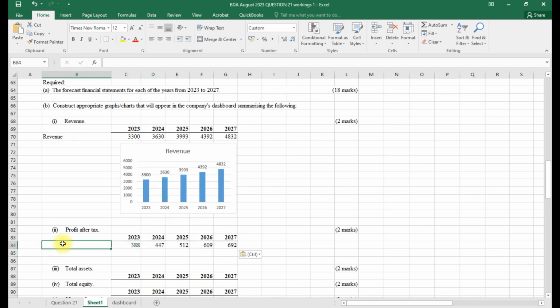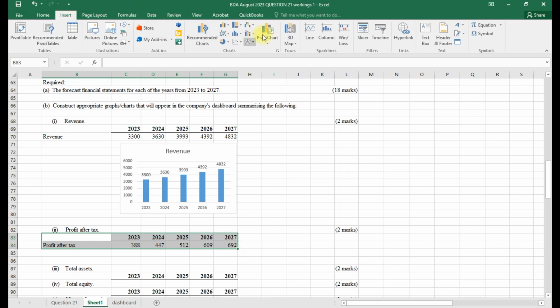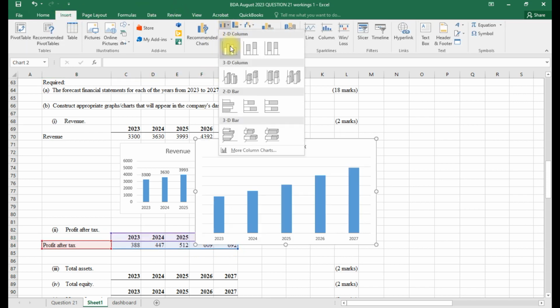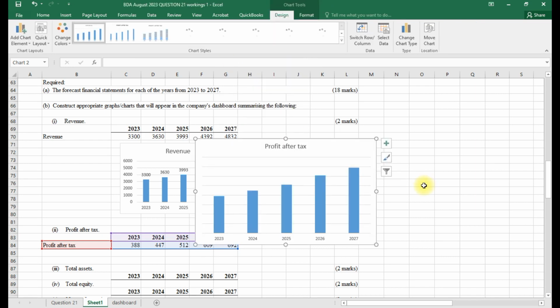This is my profit after tax. And I highlight this, and I will insert. You can still use the bar.